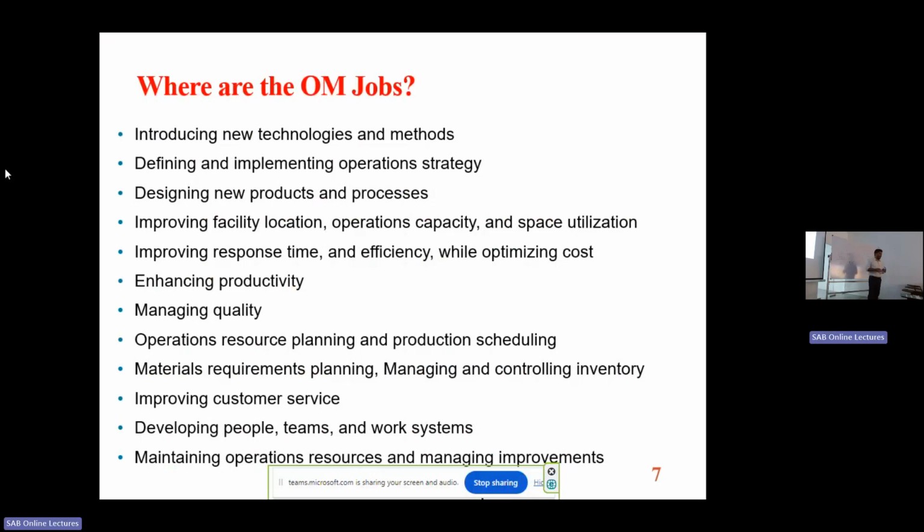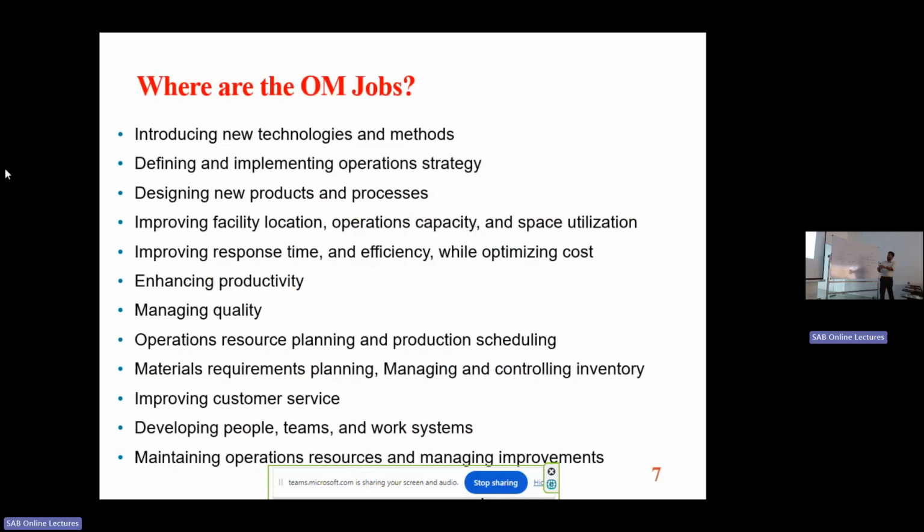But in general, we identify these as operations management responsibilities. They are responsible for making most of these decisions, plus some more.